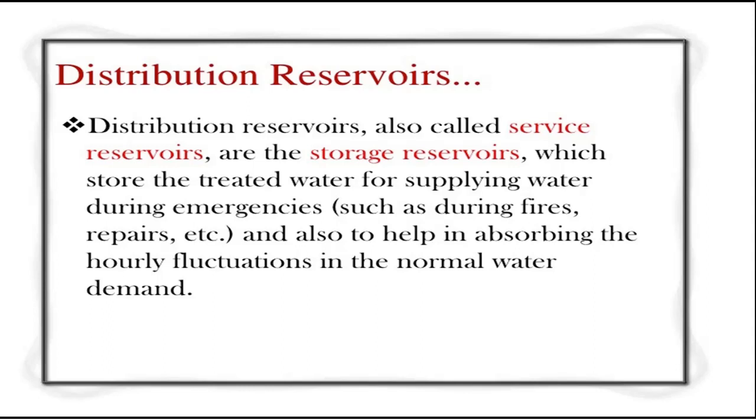Sometimes it so happens that in one particular area there might be a very huge fire breakout. When you want to put off the fire, you want a large amount of water, and when you draw the water, it should not so happen that the other domestic areas are not getting the water. It should not be like that.